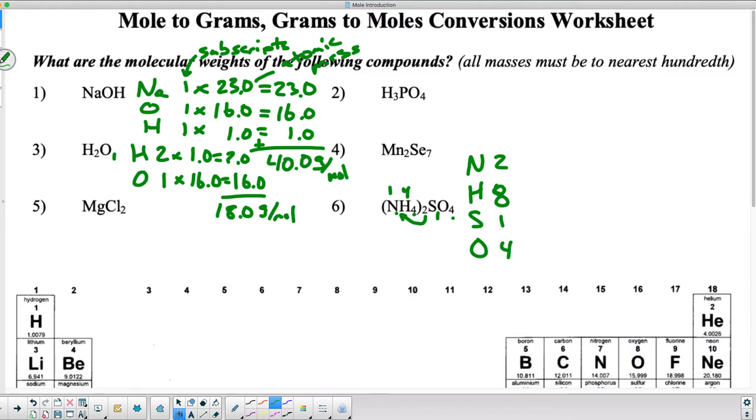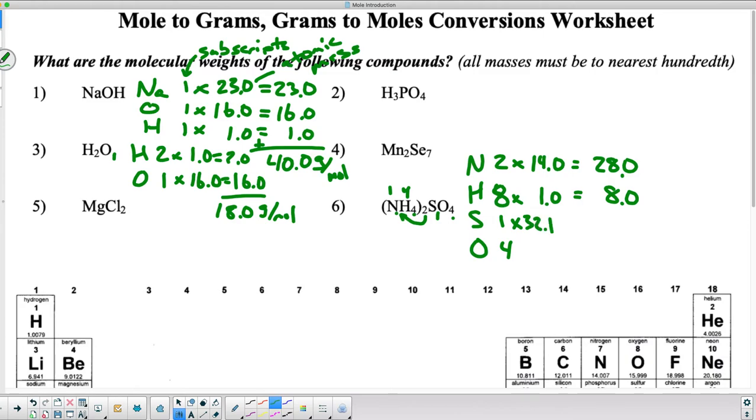So then I go to the periodic table and I simply write down what the atomic mass is of nitrogen, and it's 14.0. So 2 times 14 is 28.0. Like that. 8 times 1.0 gives me 8.0. And 1 times, now for sulfur, it's 32.066, whatever it is.